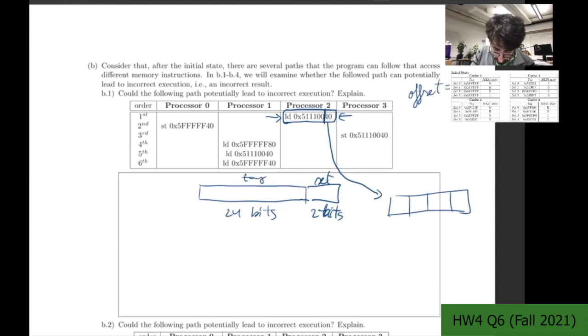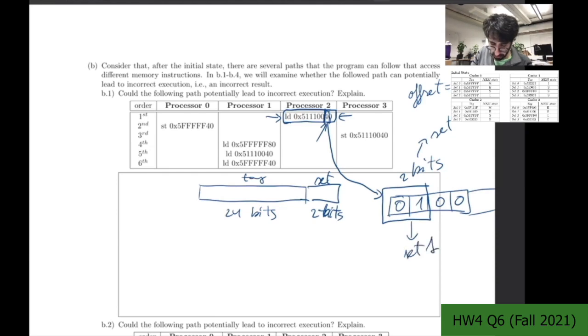If we see this byte here that contains the tag, we have a 4. This is basically 1, 0, 0, 0, and these first 2 bits are the bits that represent the set. So basically we are in set 1 here.